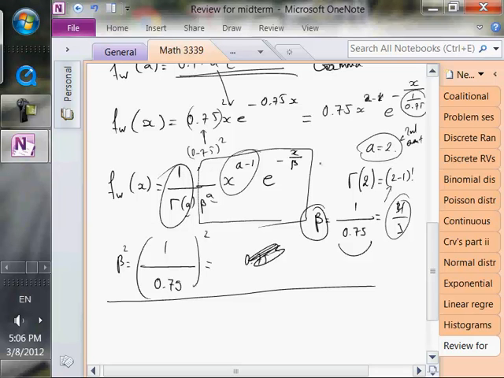If you integrate this quantity from 0 to plus infinity, that's exactly the value of the gamma at alpha. That's how we derive the gamma distribution. It's a normalizing factor, we call it. Is that a little bit understandable?